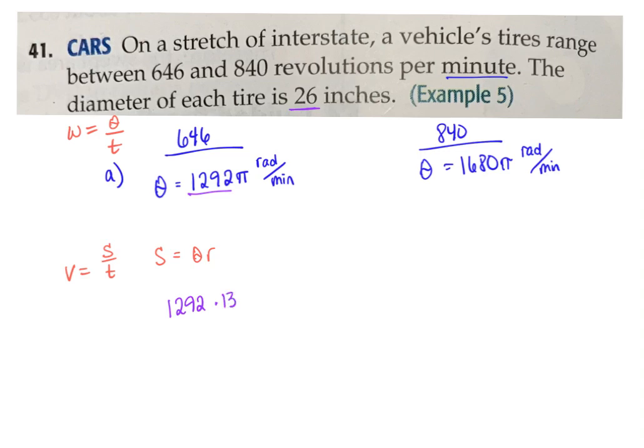I'm going to leave it right now. So this is 1292 pi times 13 over my time, which is still 1 minute. Why is it 13 again? Because my diameter is 26 and I need my R. Take your diameter and cut it in half.